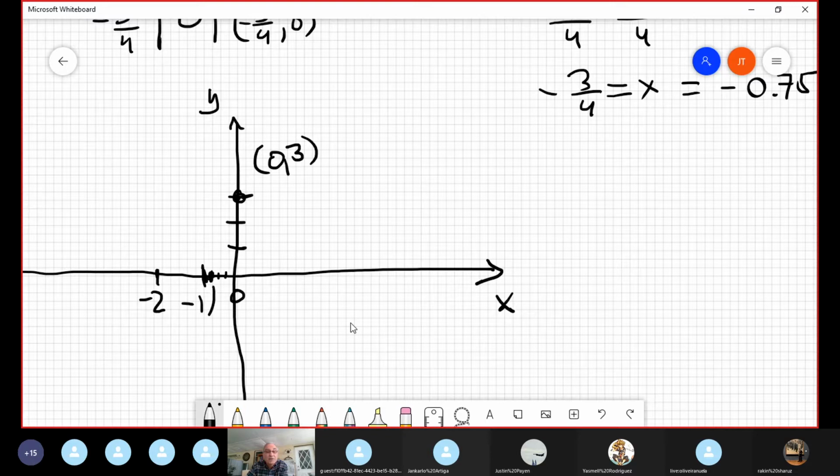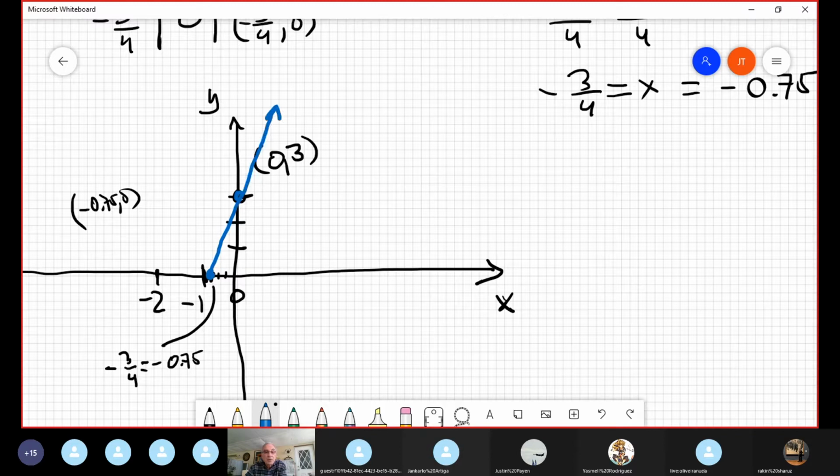That point is negative 3 over 4, and in decimal is negative 0.75. We have one point here, negative 0.75, 0, because it's on the x-axis. Now we connect this point and this point with a straight line, and this is the graphic representation of our equation.